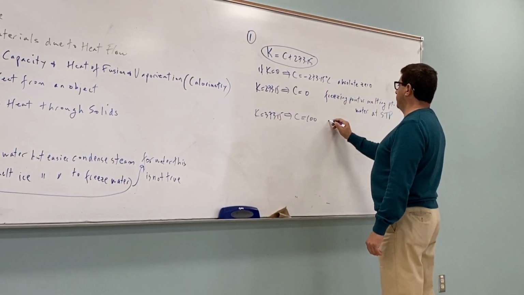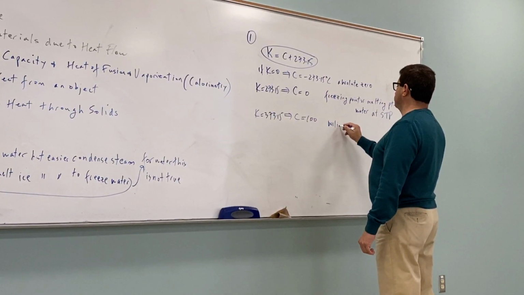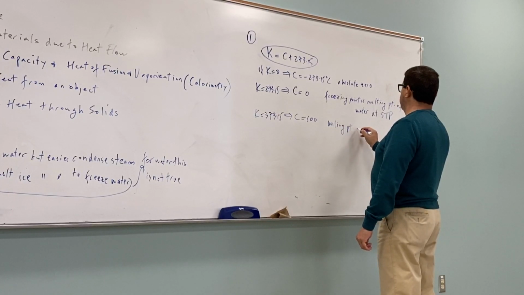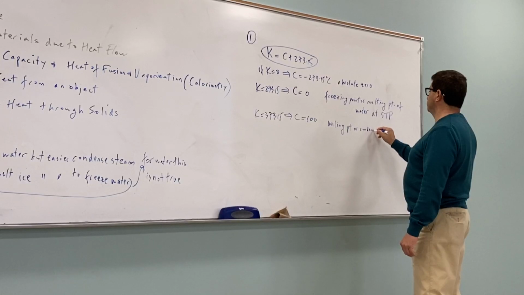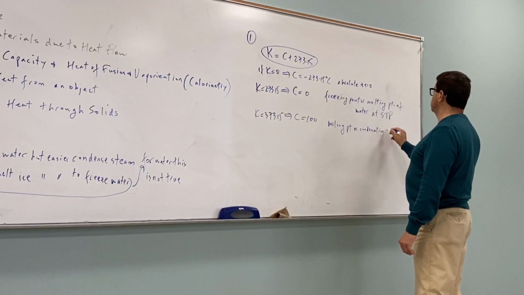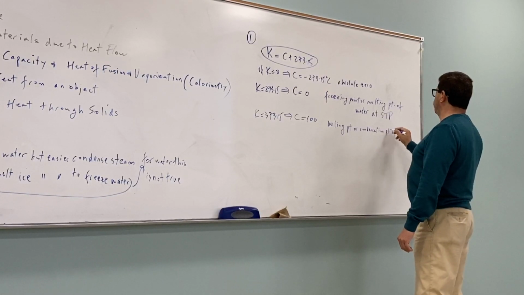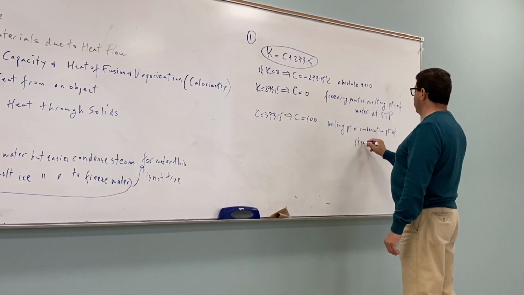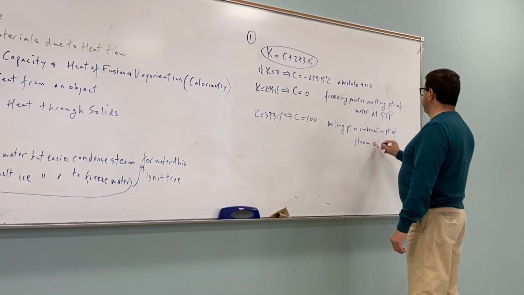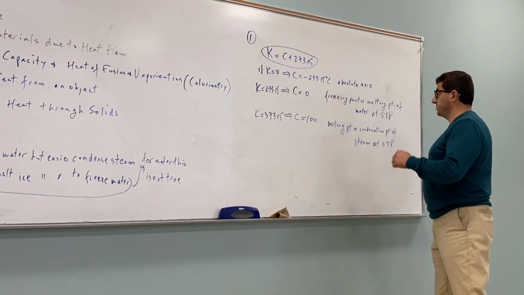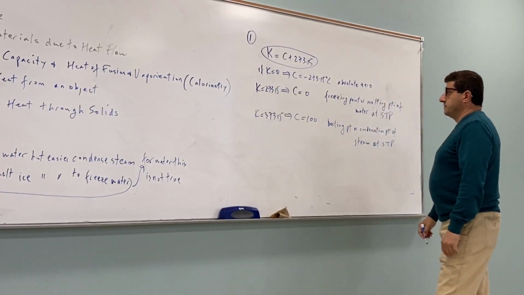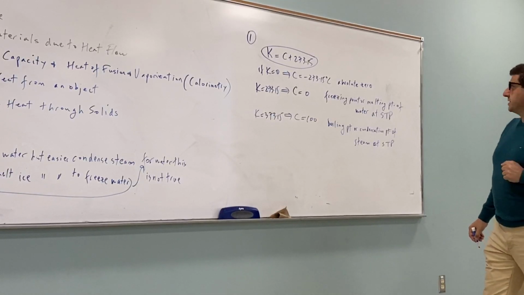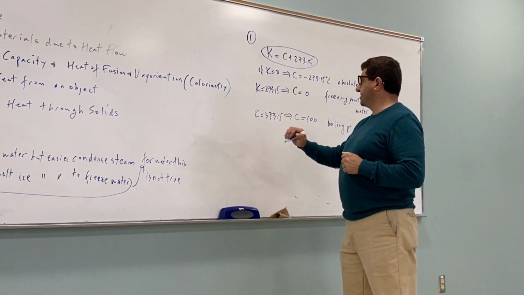And so this is the boiling point or condensation point of steam at standard temperature and pressure. Okay. So now that's Kelvin 373.